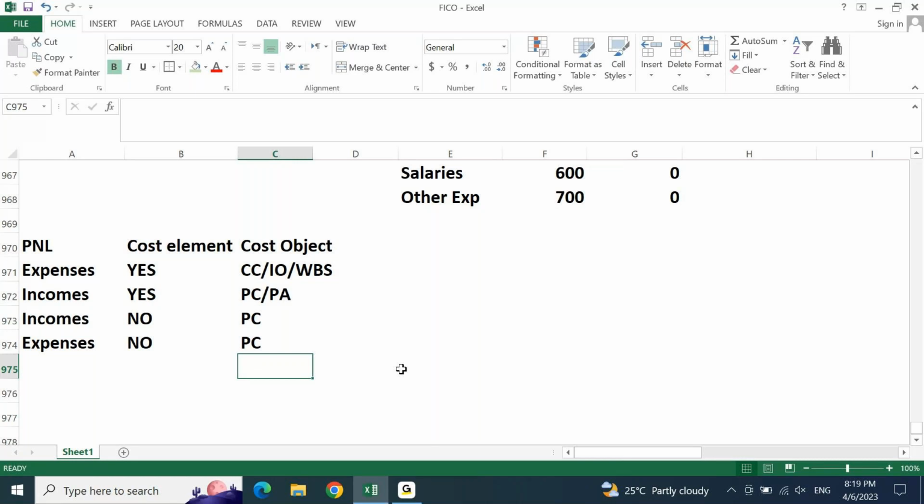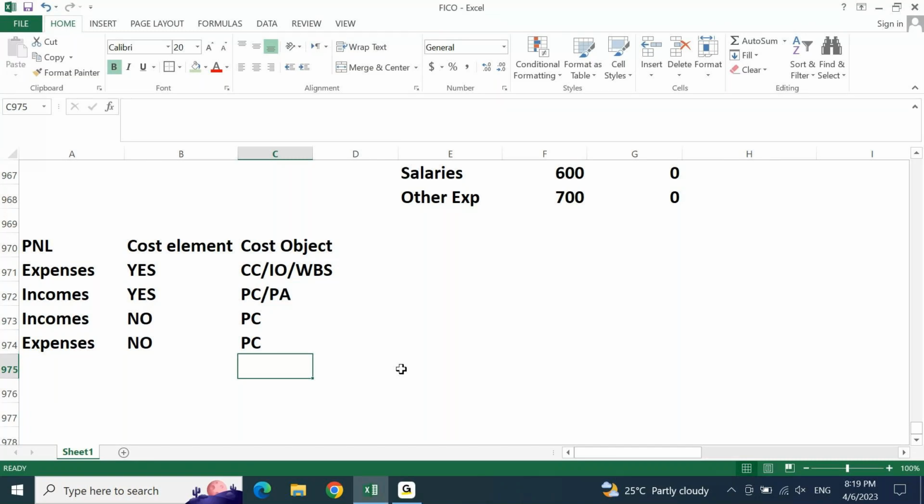If your P&L account, income or expense, is not a cost element, it's just a GL account, you need profit center only. This information is mandatory. Make sure this information is clearly given by your client.